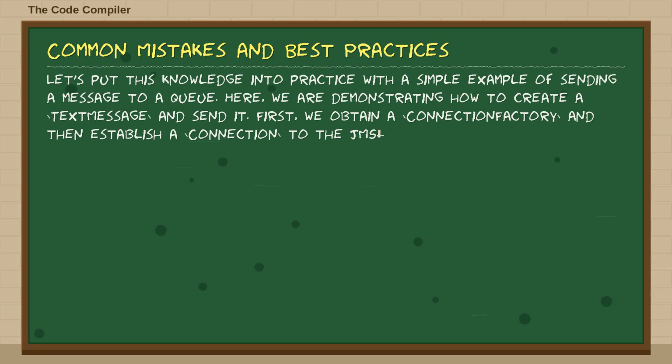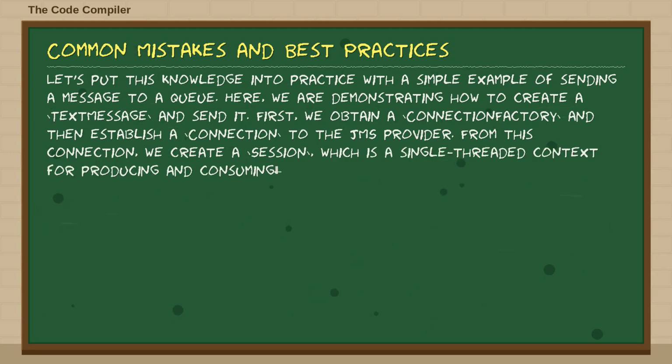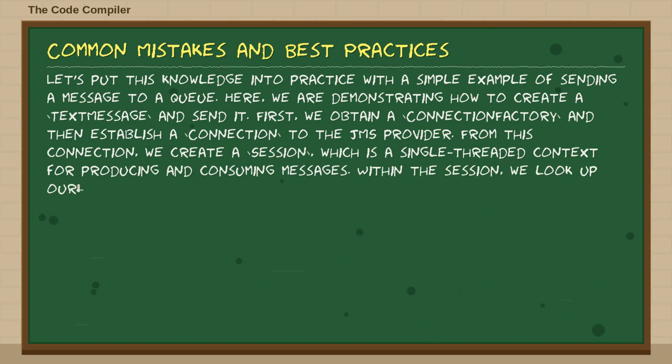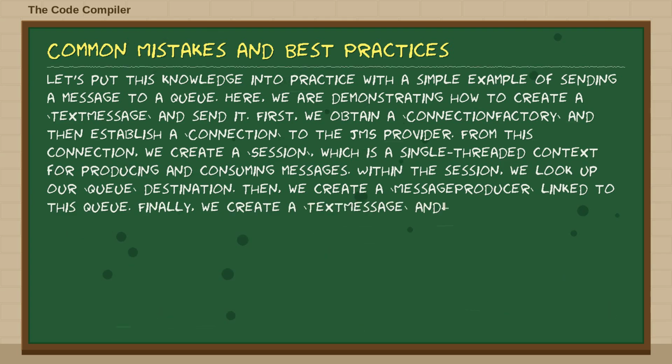From this connection, we create a session, which is a single-threaded context for producing and consuming messages. Within the session, we look up our queue destination. Then, we create a message producer linked to this queue. Finally, we create a text message and use the producer to send it.